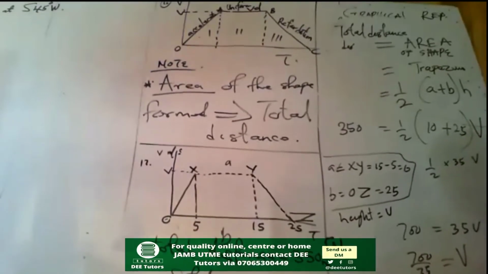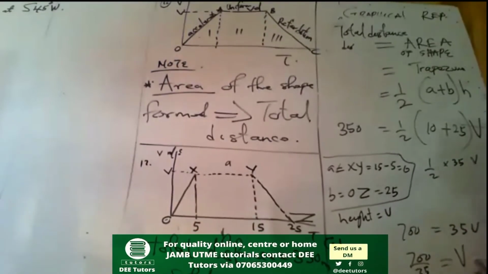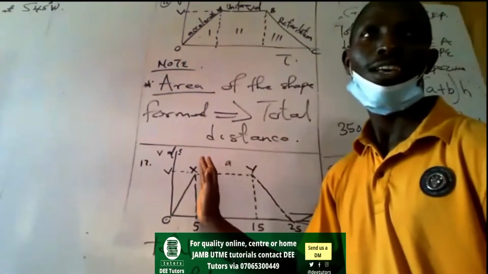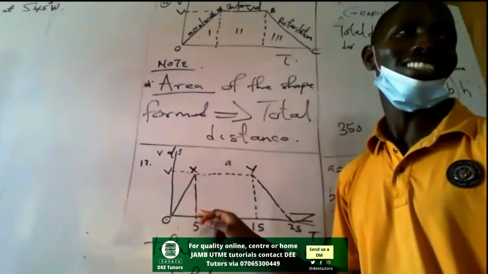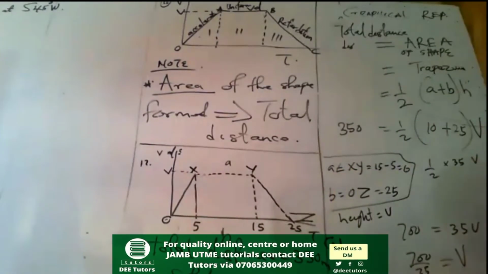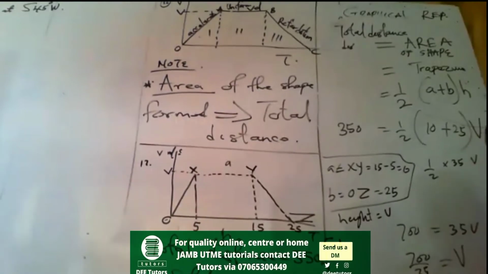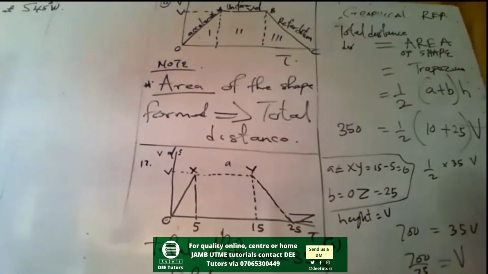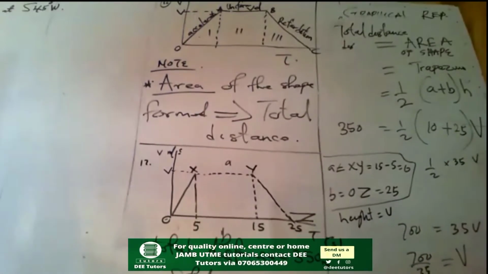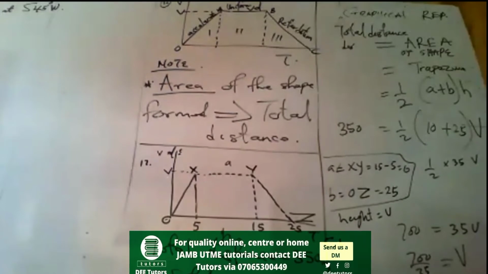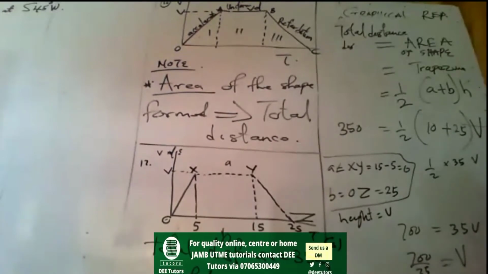If V is 20, now go back to the question. The acceleration in this stage will be what? V over the time taken. So the acceleration is equal to V over time in the region OX.